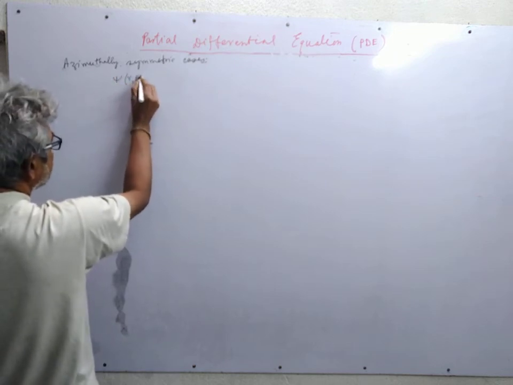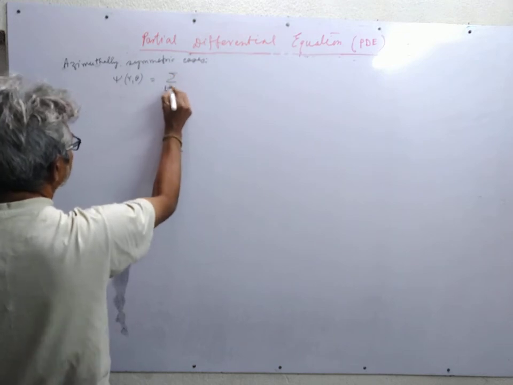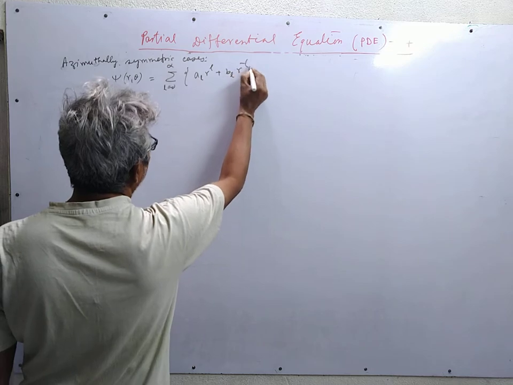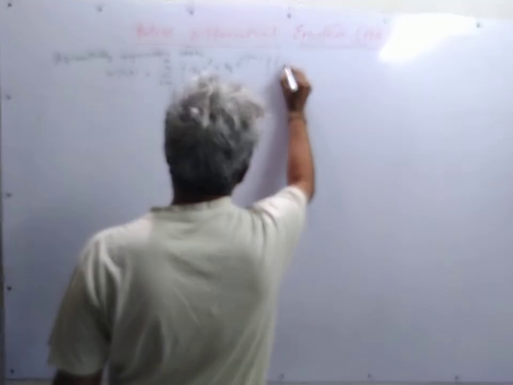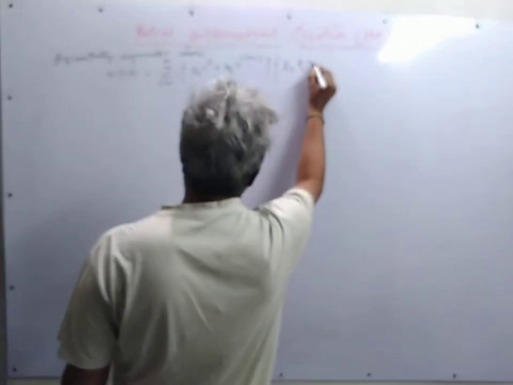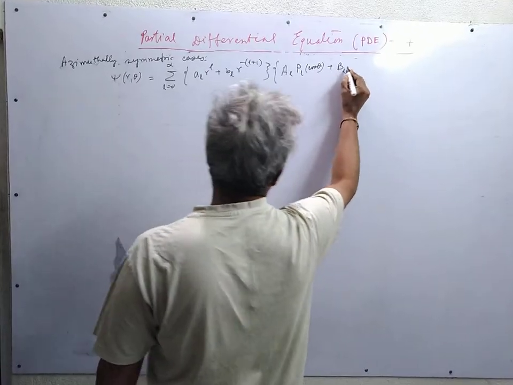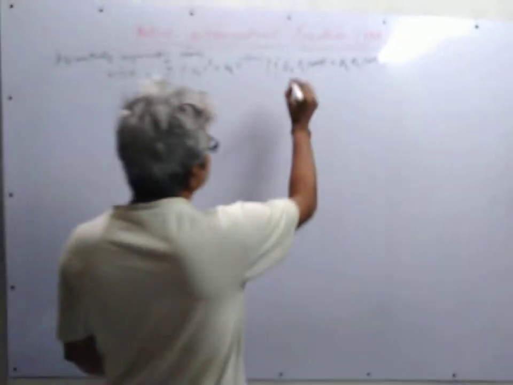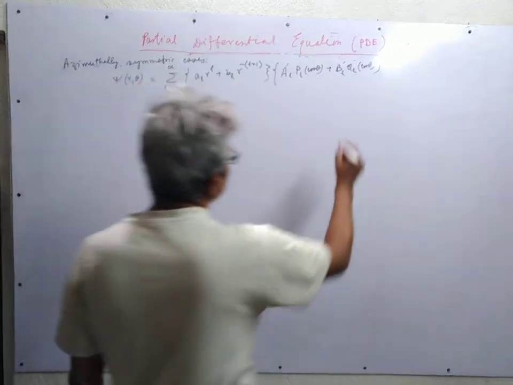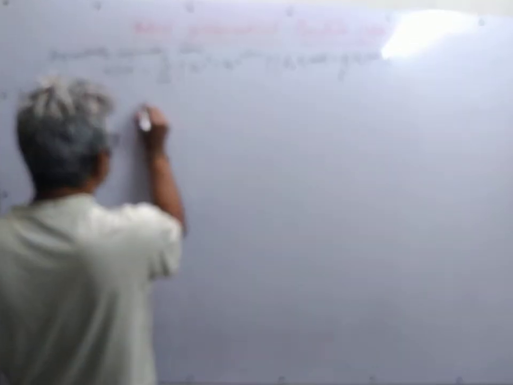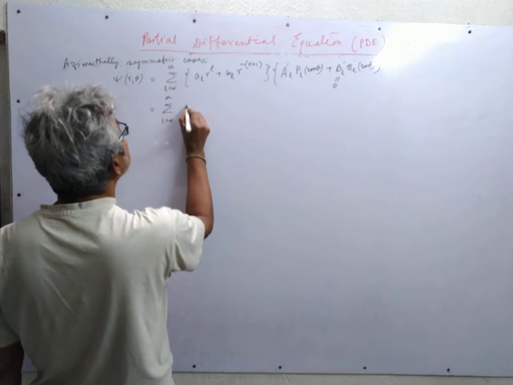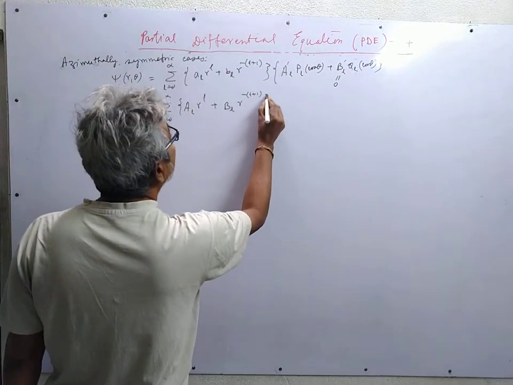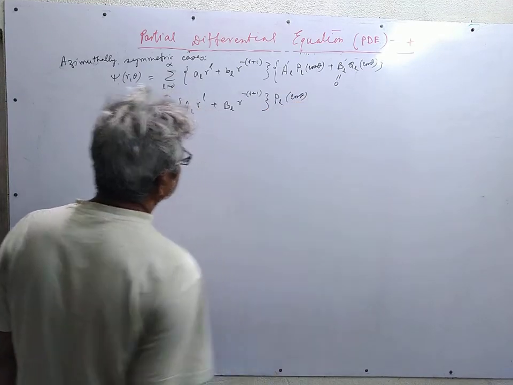Recall that the solution is psi of r theta phi, summation over L equal to 0 to infinity, Al r to the power L plus Bl r to the power minus (L plus 1), times Pl cos theta. Since the system under consideration includes the z-axis, the phi dependence is considered to be 0, and we assume the solution to be in this form. This is the solution.